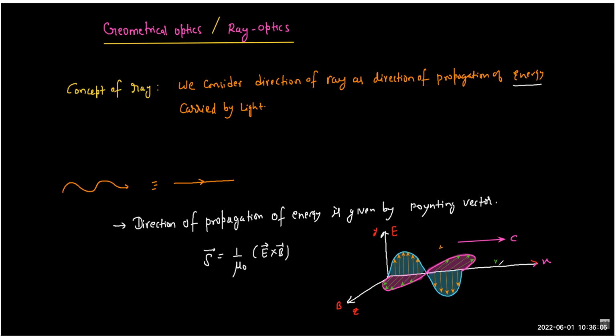For example, if the light ray is hitting a sub-elementary particle, let's say an electron, the entire consideration of a ray will be wrong, because the object which the light is facing is not large compared to the wavelength of light. So you may call this the application domain of ray optics.